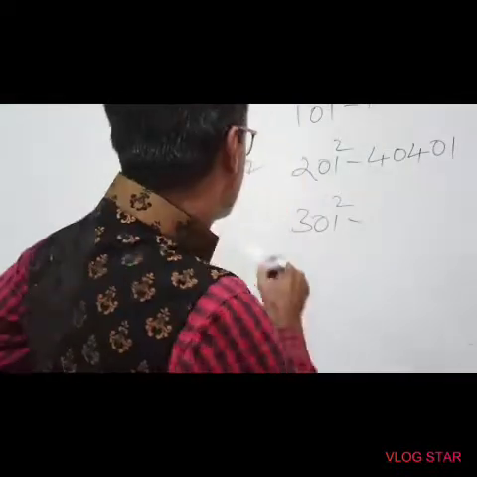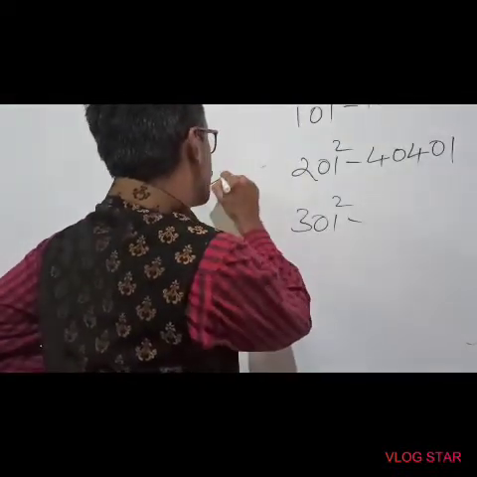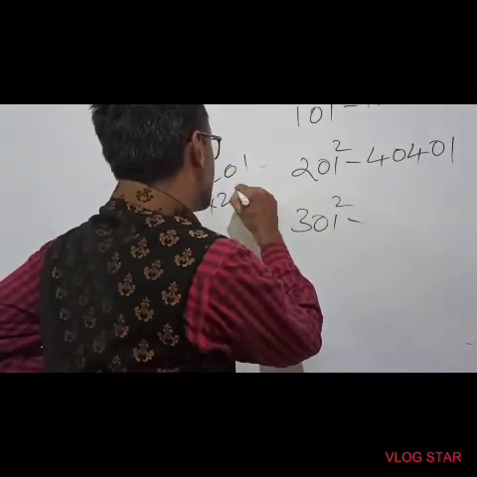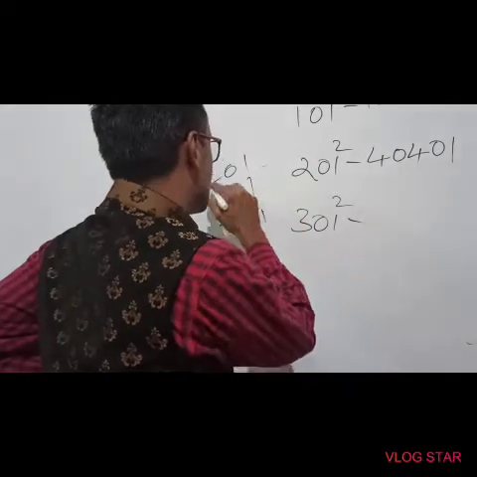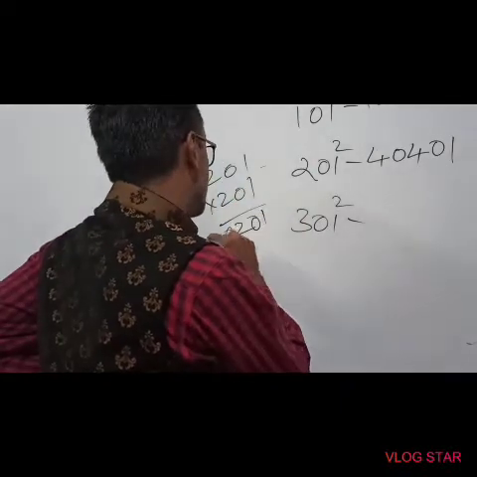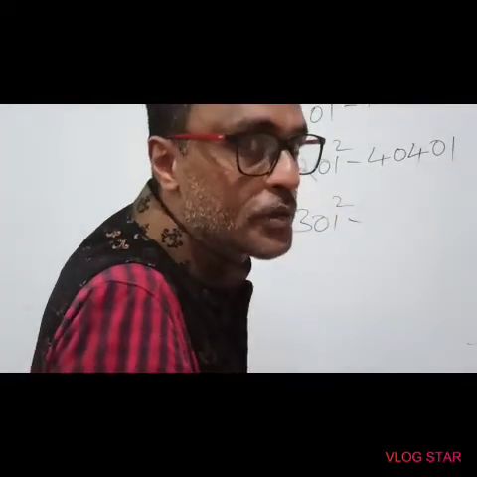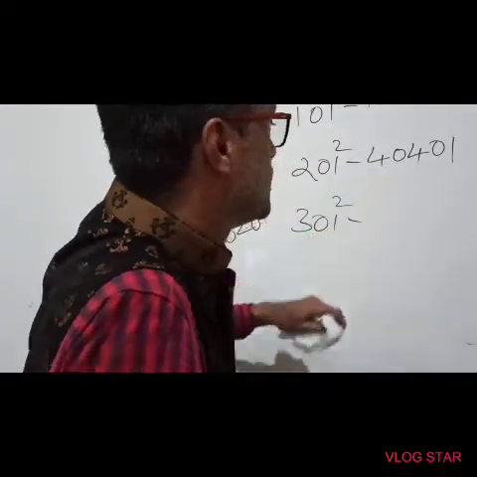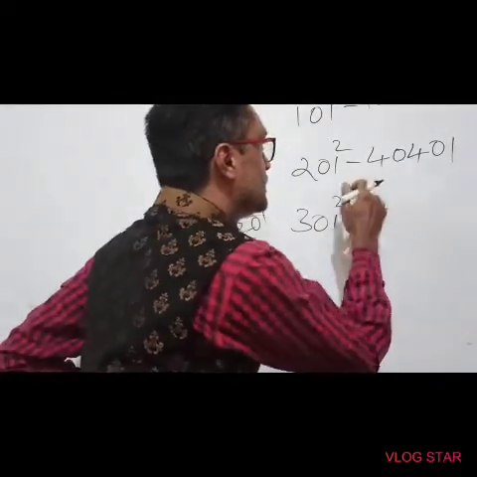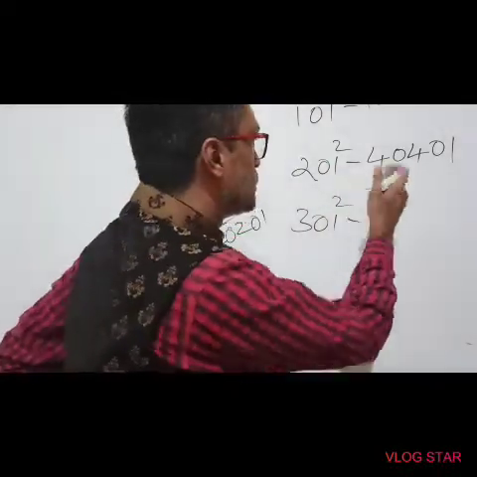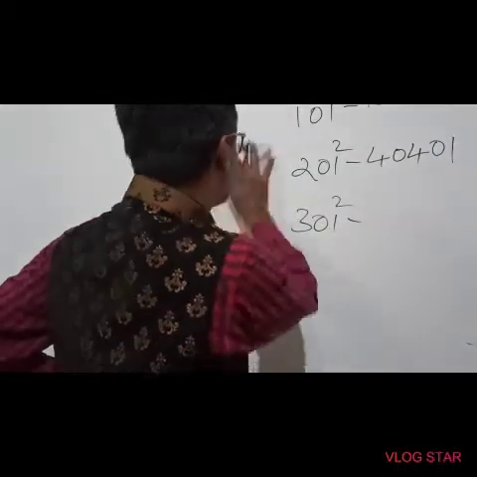Shall we try? See, 40401. 201 double is 402, plus 2 is 404, and then 2 square, 04. So 40401.